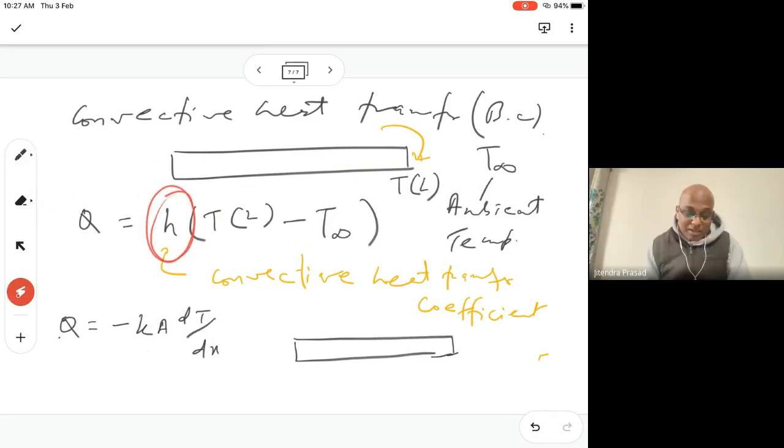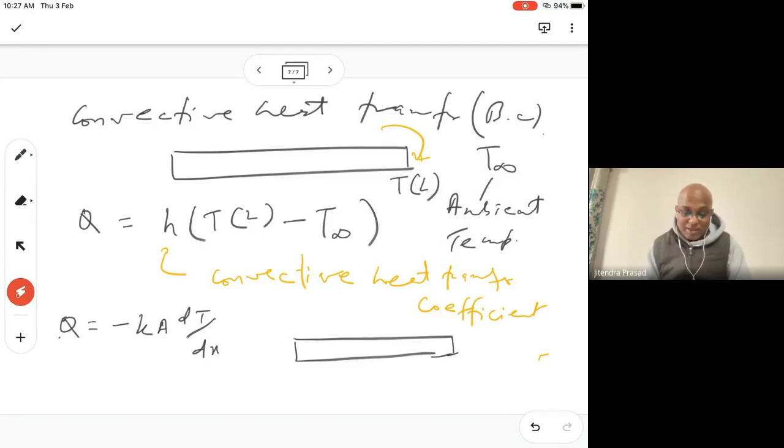Depending on its units, you may have to multiply it by area. For 1D, it's also possible that area is already multiplied, the way we do with conductivity as well. Heat conductivity will either be given in terms of per unit area, or as an absolute value.